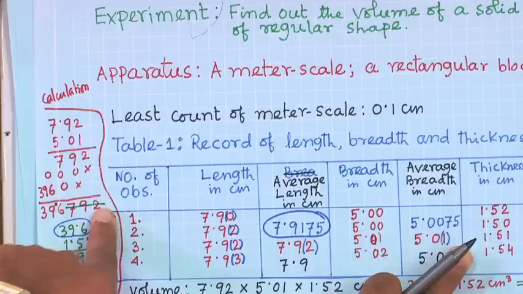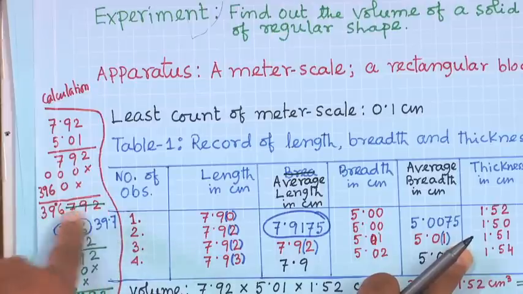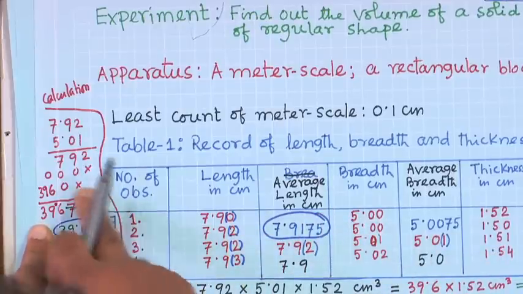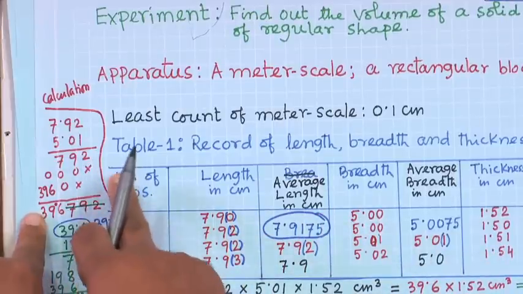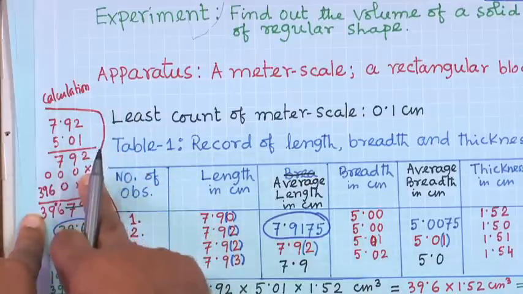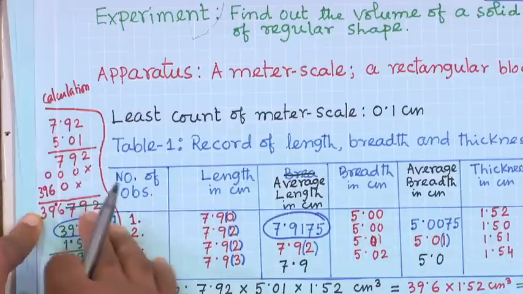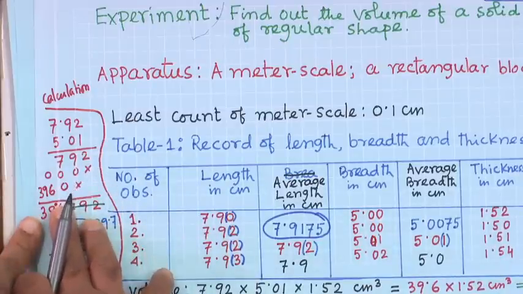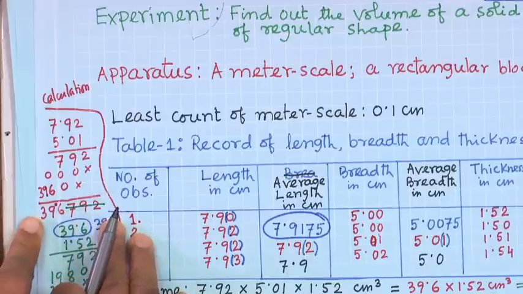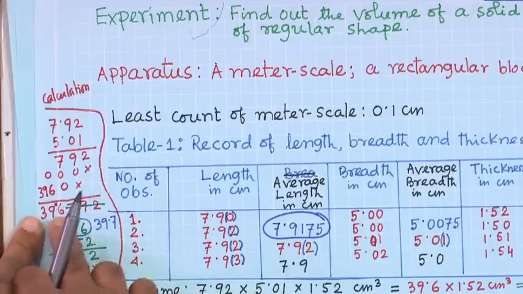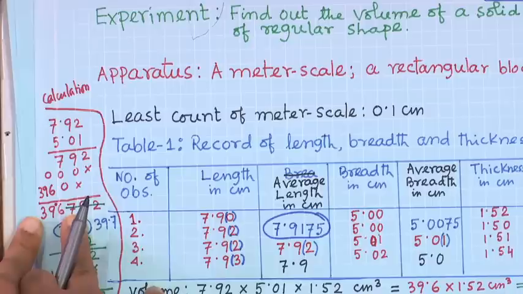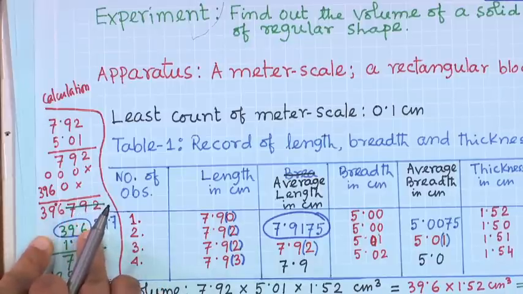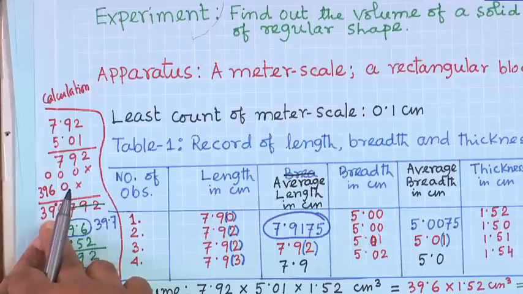So, again you have to think whether I should write all of this, after multiplying these two, and then I will multiply with the third one. Here again you have to follow some rules. You can keep up to 3 figures from the left.